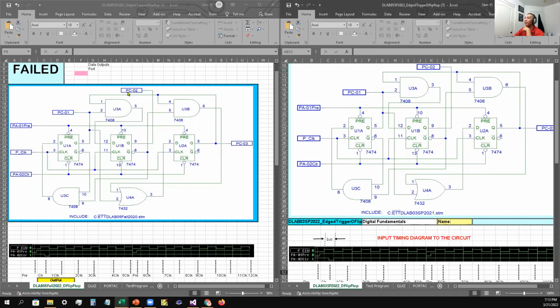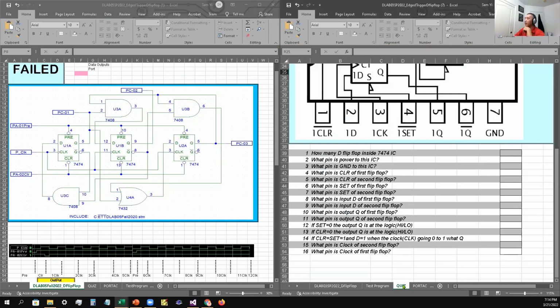Here's PC2, PC1, PC3, PA01 pre and clock. If you display both, you can see they're the same. You can take either lab 3 or 5. The only difference is on the quiz part, just a minor quiz question.